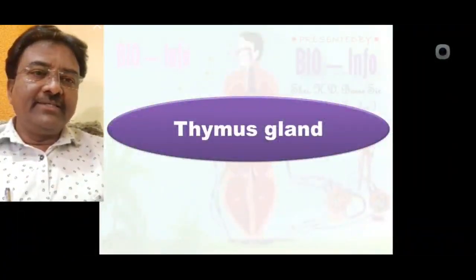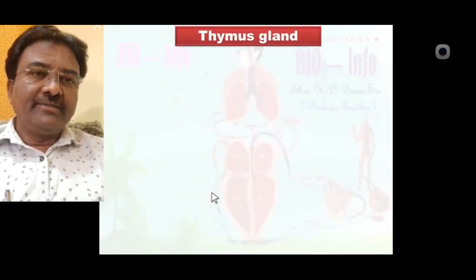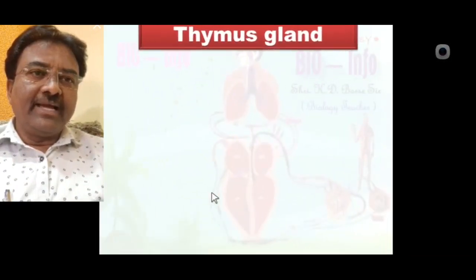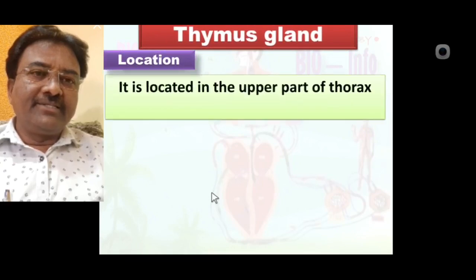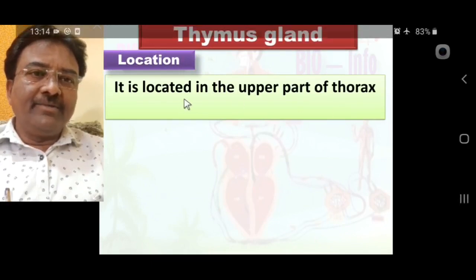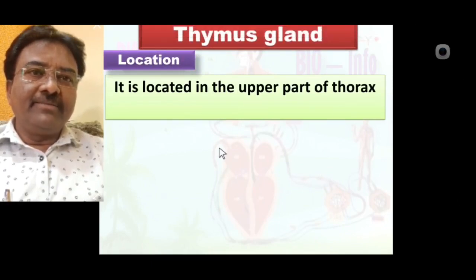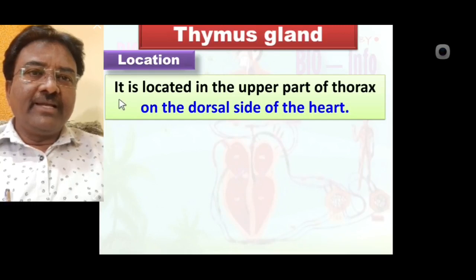Now we learn that the thymus gland is one of the endocrine glands. Location of the thymus gland: it is located in the upper part of the thorax, on the dorsal side of the heart. See the diagrammatic representation. This part is the heart.